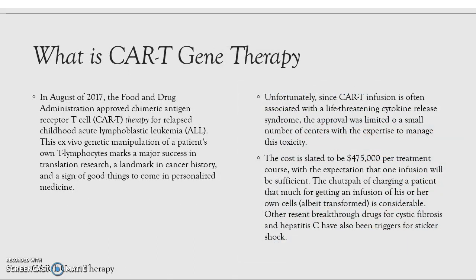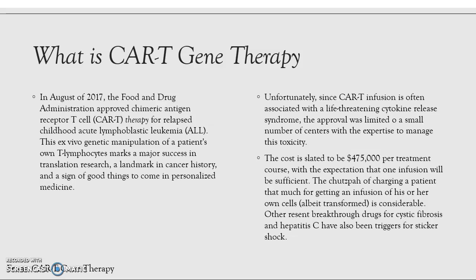Now, there's something interesting called CART or CAR-T gene therapy, however you'd like to say it. It has to do with T cells that have been genetically engineered to produce an artificial T cell receptor for use in immunotherapy.